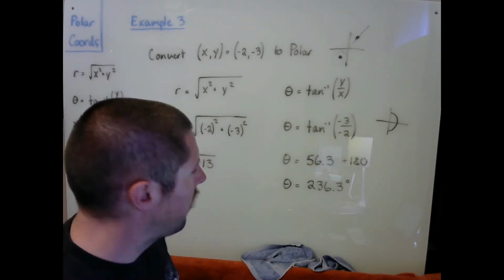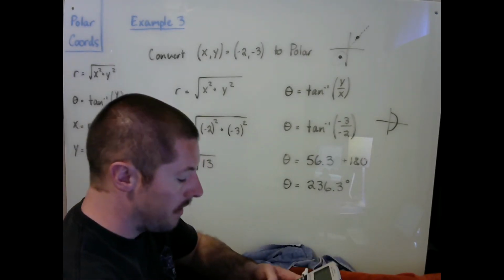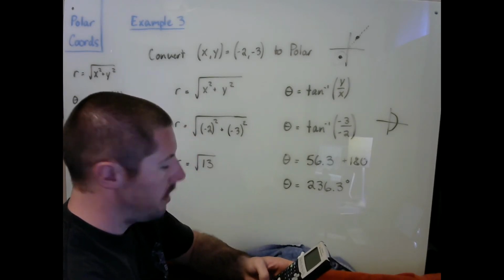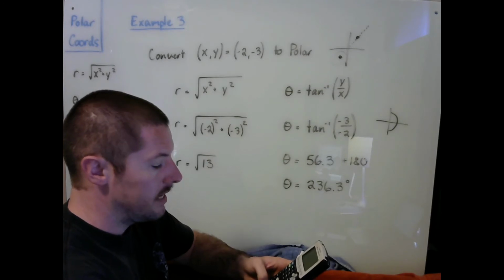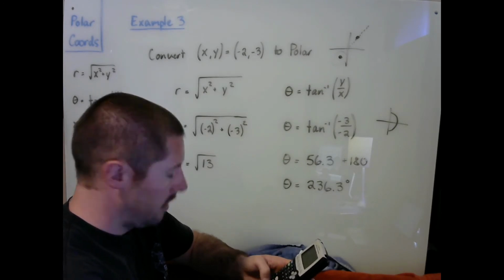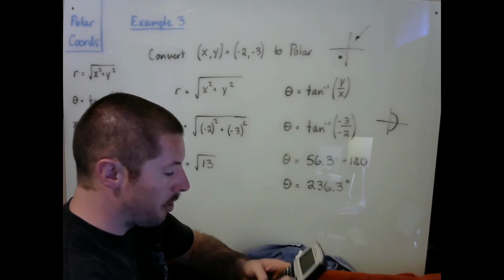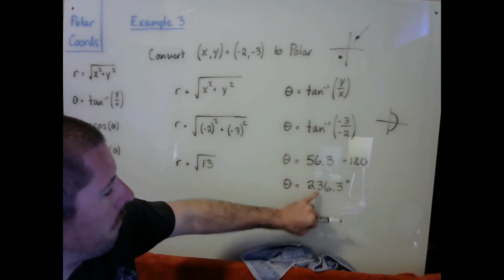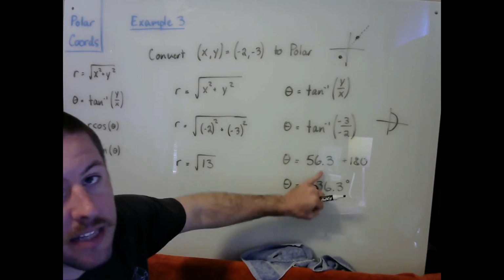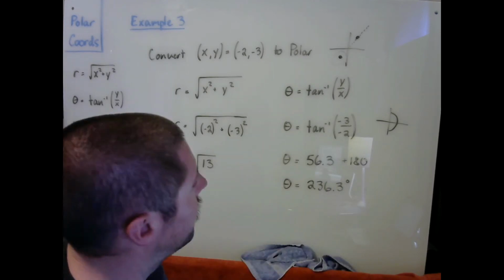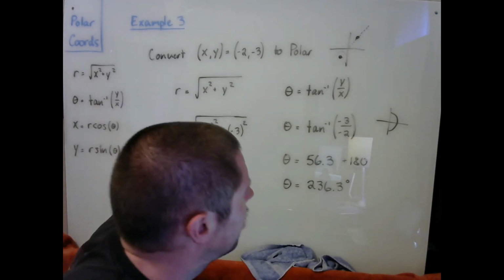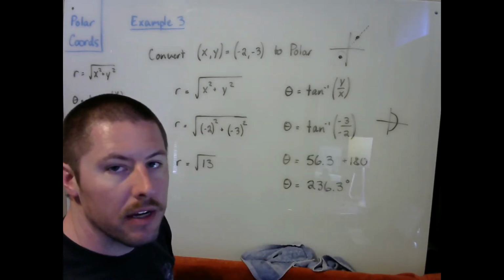And by the way, one last thing that you should do to verify this for yourself is go to your calculator and realize that the tangent of 56.3 is the exact same thing as the tangent of 236.3. If you take the tangent of each of these two numbers right here, you'll get the exact same value, and so therefore you should be convinced that they both do correspond to that tangent inverse output that we're seeing right there, right?